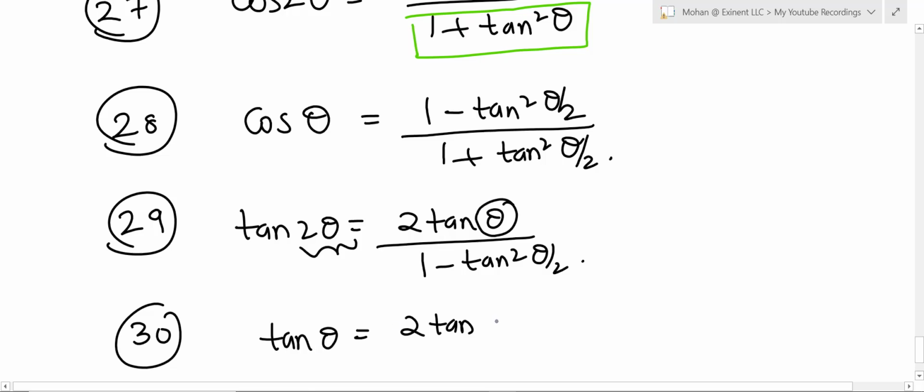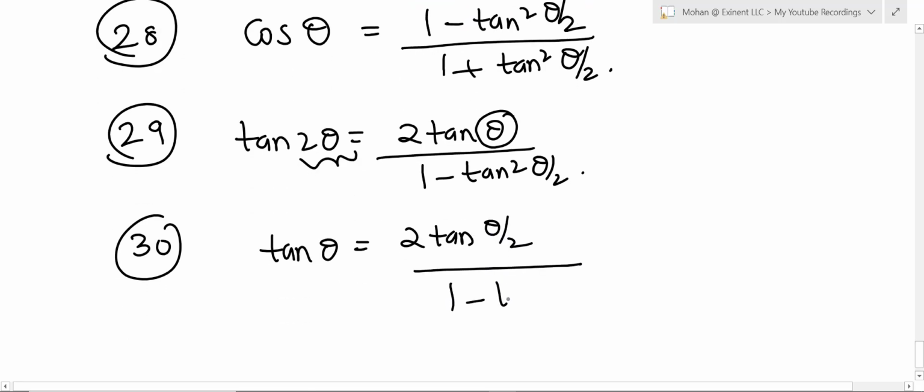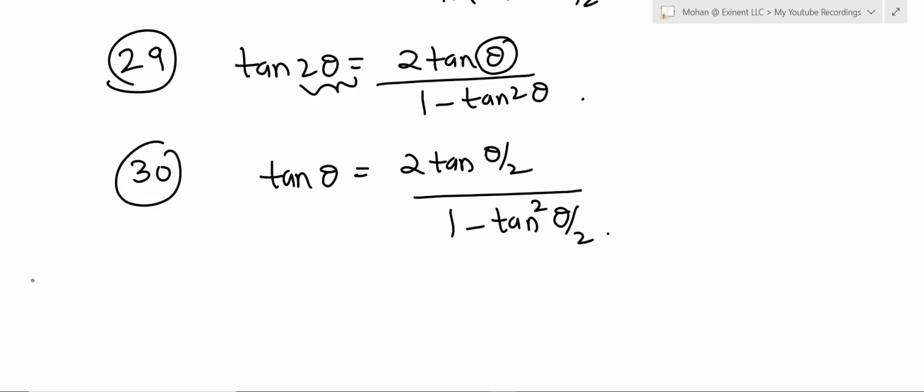So when theta is there, you will get theta by 2: 2 tan theta by 2 divided by 1 minus tan square theta by 2. What if I wanted to have sine theta, cos theta, tan theta in terms of only tan theta? Because this type of logic is required in integration, it's better to have. All the 6 are quite useful.